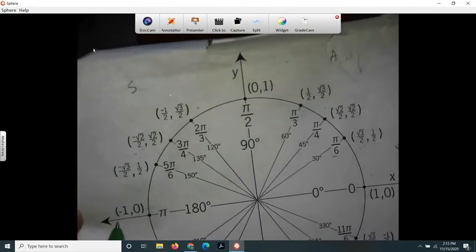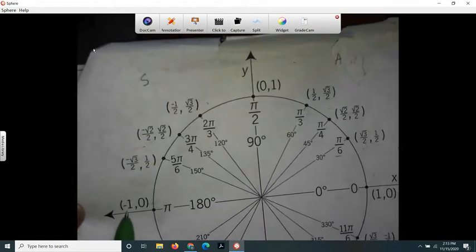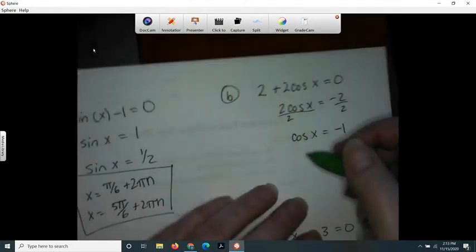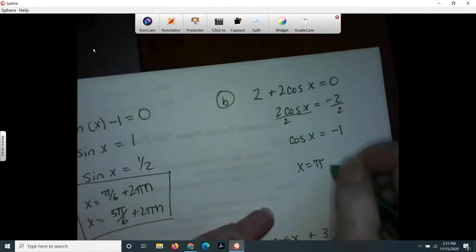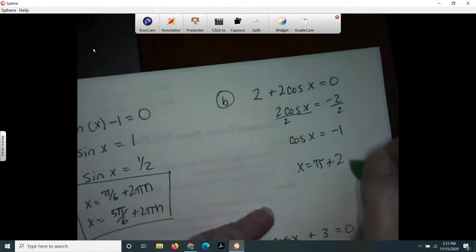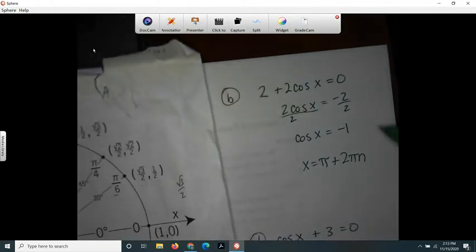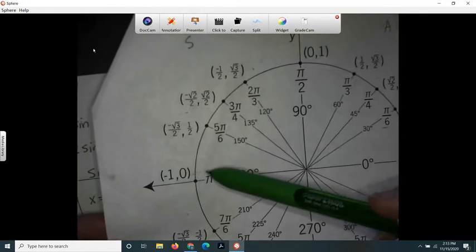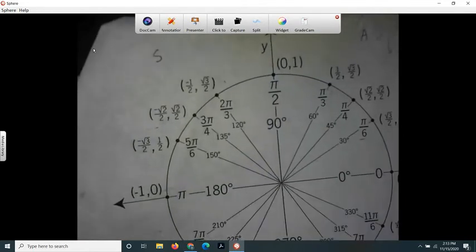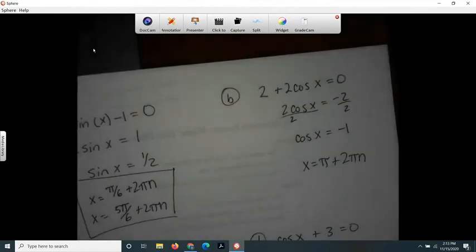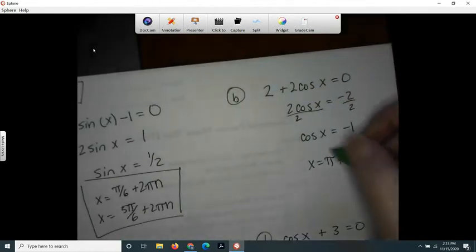Just right here. That's cosine of negative 1. So it's x equals pi plus 2 pi n. Because it's pi, but if I wanted to go around again, it'd be 3 pi, right? Or I can keep going around as many times as I want. So do like this.